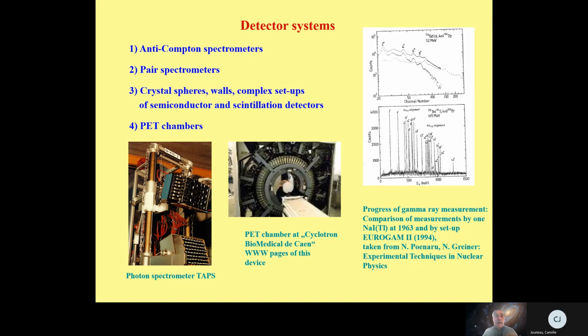If I remember, last time our end was with this part which is connected with detectors, and we discussed detectors which is possible to use for detection of gamma radiation. It was mostly two types of detectors.